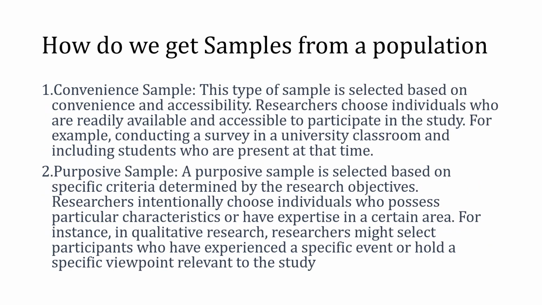Another way to select a sample is convenience sampling. Suppose a researcher is conducting a study on the prevalence of a specific health condition among patients who are visiting a particular hospital. Due to time and resource constraints, the researcher decides to use convenience sampling. They approach patients who are waiting in the hospital's outpatient department and ask them to participate in the study.